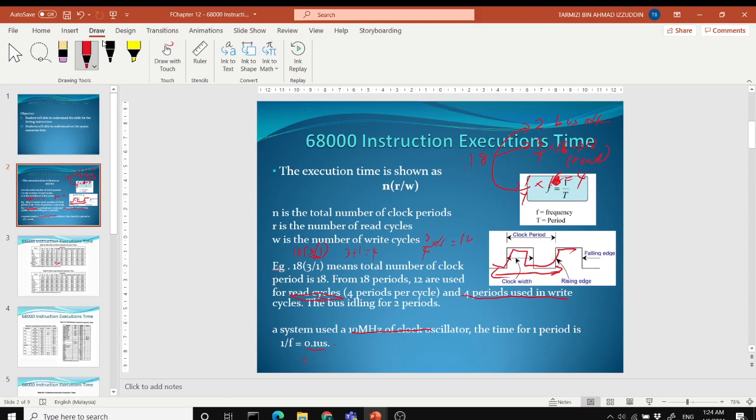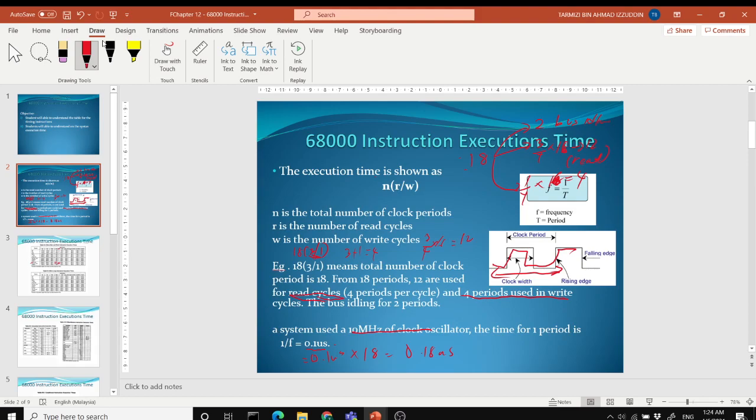So meaning that if you want to calculate the total duration for the execution of the instruction, over here it is 0.1 microsecond times 18, so you have 1.8 microseconds just to execute the instruction just now.